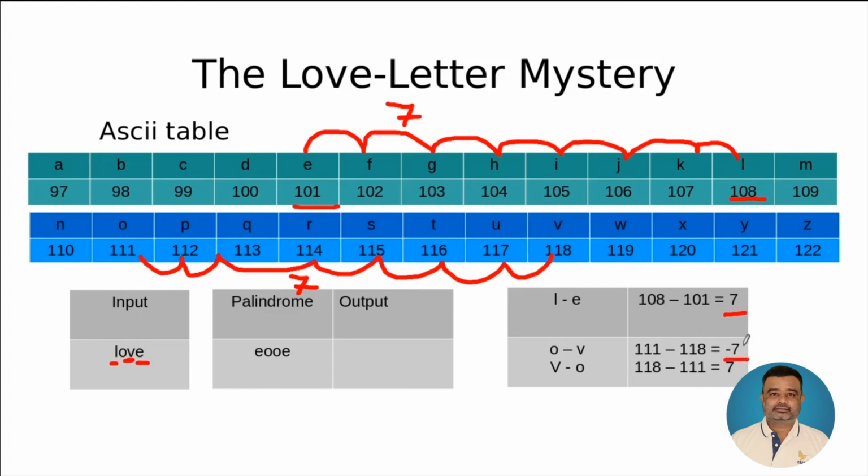But remember, we are not supposed to perform O minus V. In this case, we need to perform V minus O, because V is greater than O. We should perform the greater character minus the smaller character. So it should be 118 minus 111, which is 7. Or you can take the absolute value of whatever number you get. So we don't need to verify left, right, all those things.